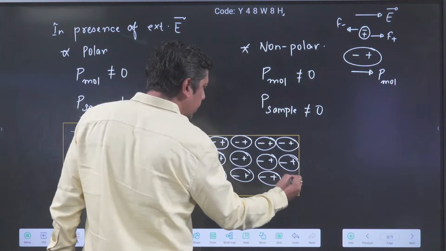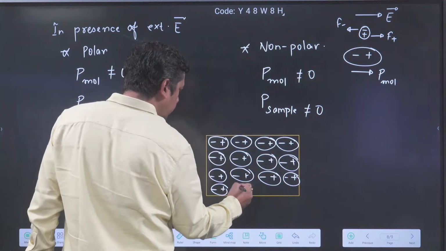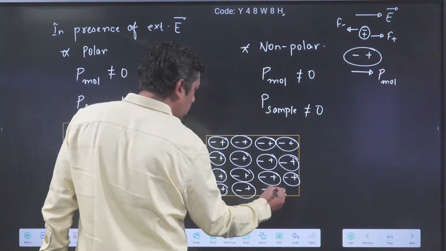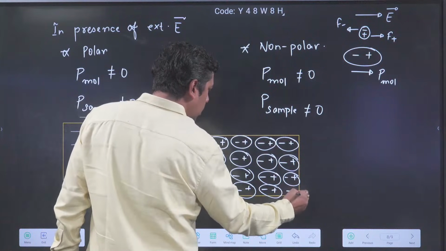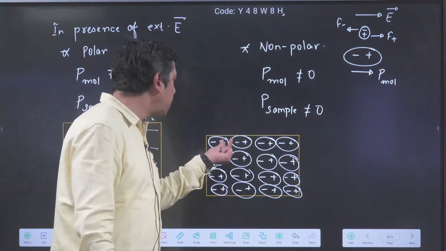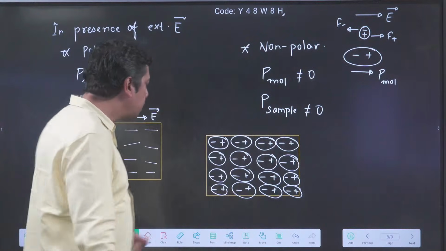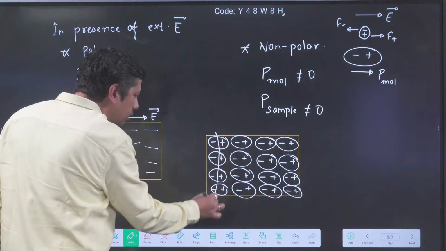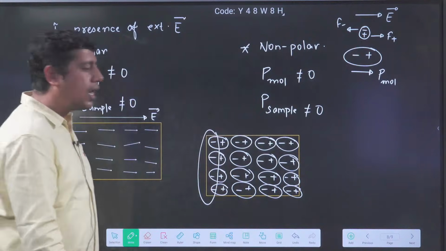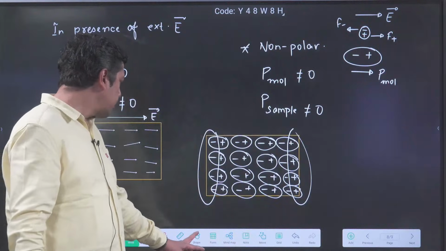Negative, positive, negative, positive. It will appear like this, okay? Now, if you see in the bulk, the positive, negative, positive, negative, positive, negative, they cancel out. But if you look at this edge here, and if you look at this boundary here, what is happening, bacha?